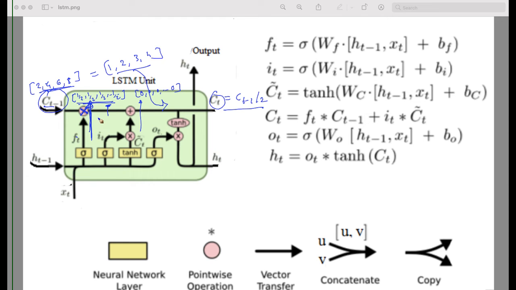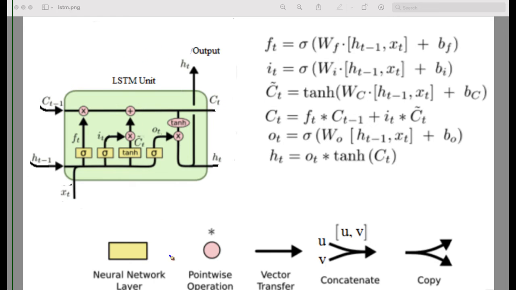As I am able to decide how much I should retain in CT from CT minus 1, or how much I should forget, this operation is called the forget gate. I am able to decide how much to forget from the previous cell state to the current cell state, because of this pointwise multiplication operation.